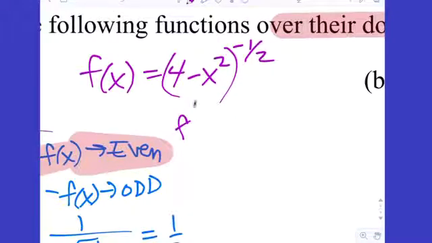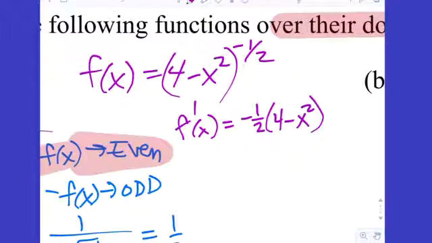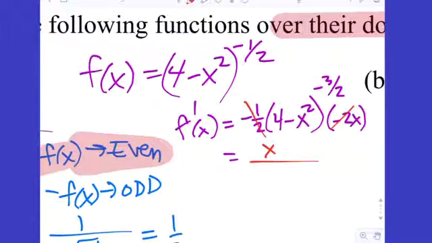So here we go. F prime of x is going to equal -1/2, 4 minus x squared to the -3/2, times the chain rule, -2x. If you then simplify the -1/2 and the -2, divide out, you're left with x in the top all over the square root of 4 minus x squared cubed.